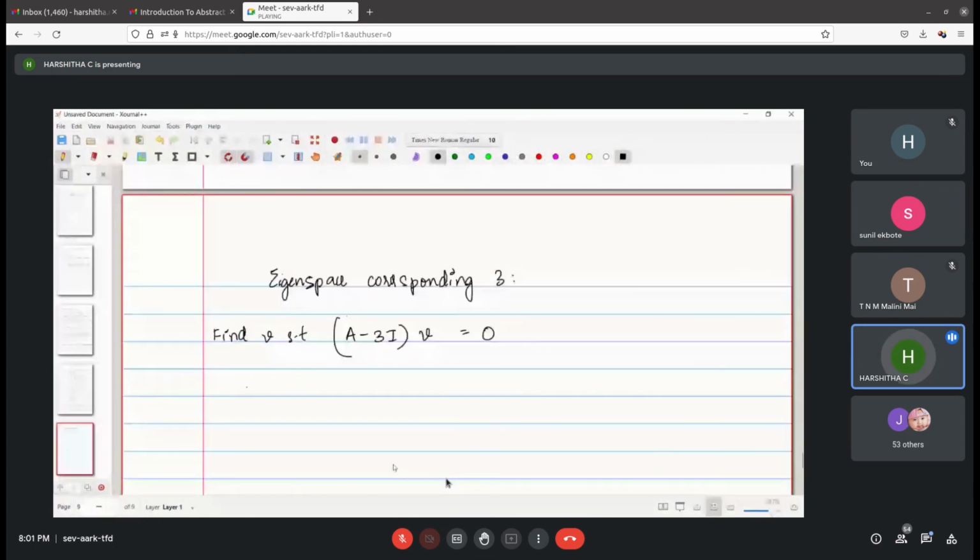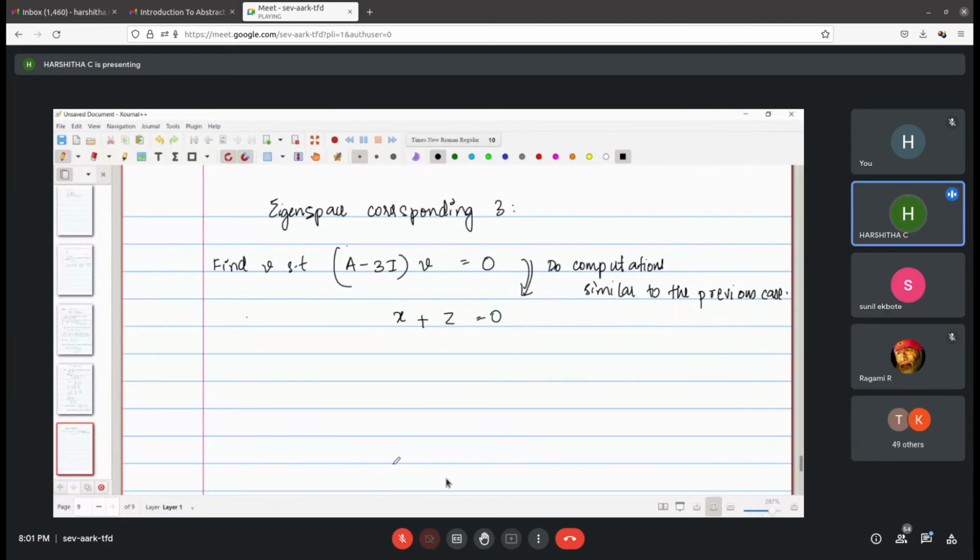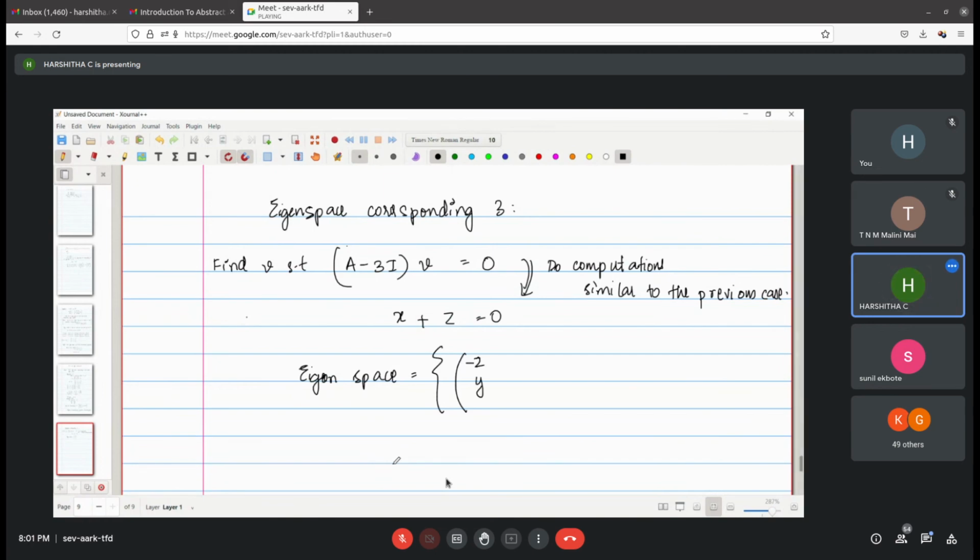Okay. So for this, you'll end up with just one equation, x plus z equal to 0. There are a lot of steps skipped here. I just say do computations similar to the previous case. Right? So your eigenspace will actually be vectors with x equal to minus z, and y doesn't have any condition.